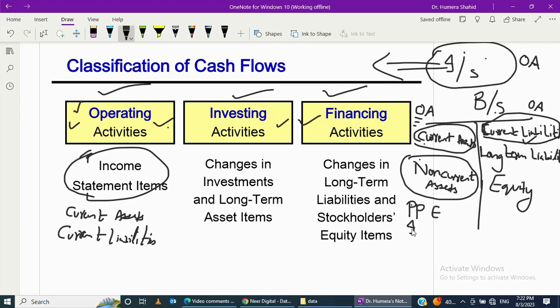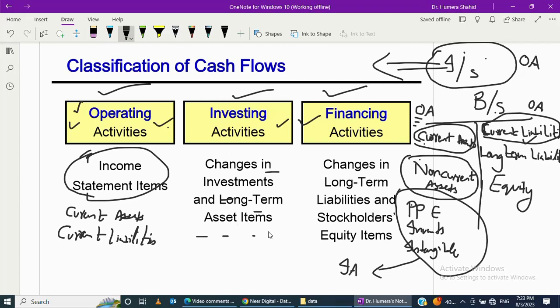It includes long-term investments in bonds and stocks, and it also includes intangible assets. So all of them show who gave you money during the year, who provided the money, and who has used the money. All these things will be reported in the investing activity section. So can you see here, changes in investment and long-term asset items are investing activities.